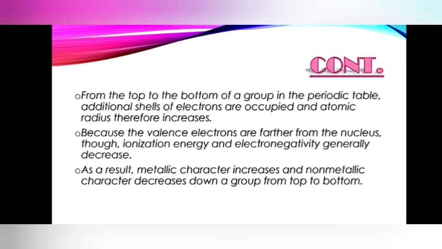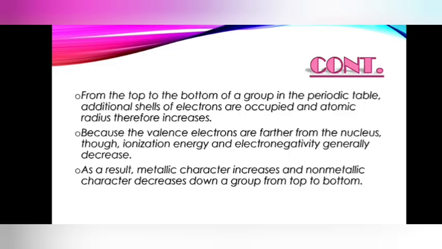Because the valence electrons are now far away from the nucleus, our ionization energy and electronegativity values decrease. Because the electrons are far away from the nucleus, it is very easy to remove the electron. That's why the ionization energy is low.